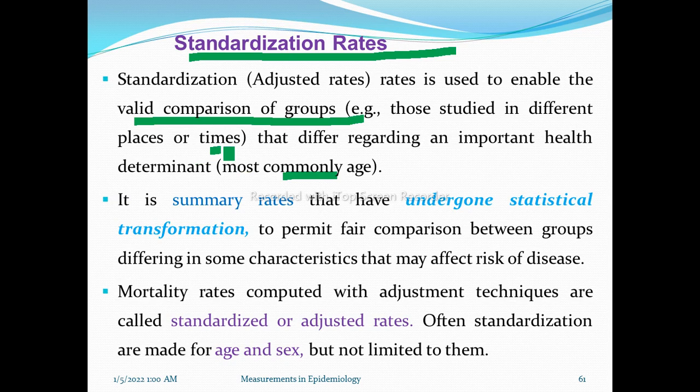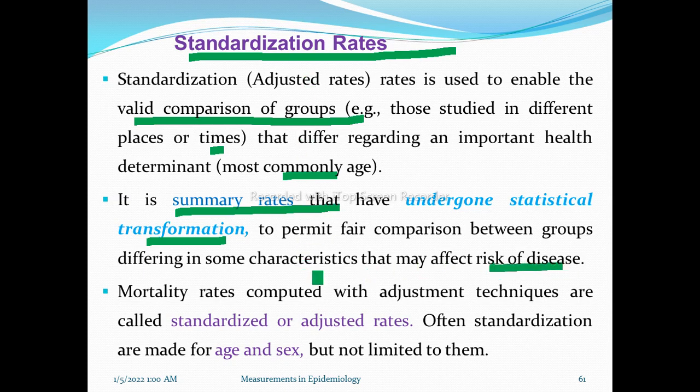That means it is very important that differences can be accounted for by these rates. It is a summary rate that has undergone statistical transformation to permit fair comparison between groups differing in some characteristics that may affect risk of disease.